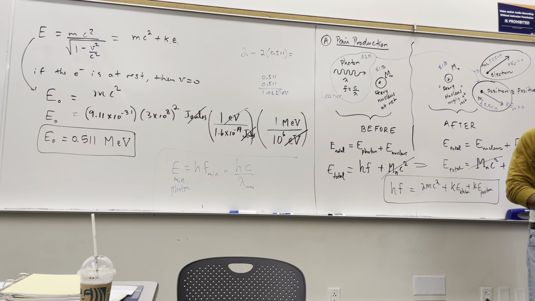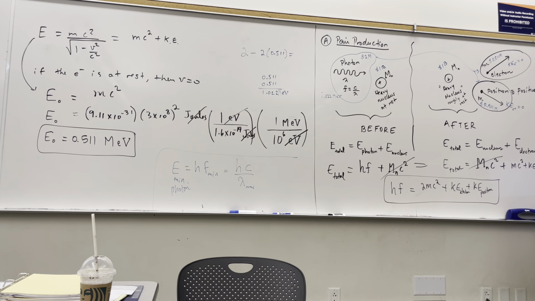So what do you mean by the minimum energy of the photon? Suppose I want radiation to create a proton and an antiproton. Let's change the numbers.